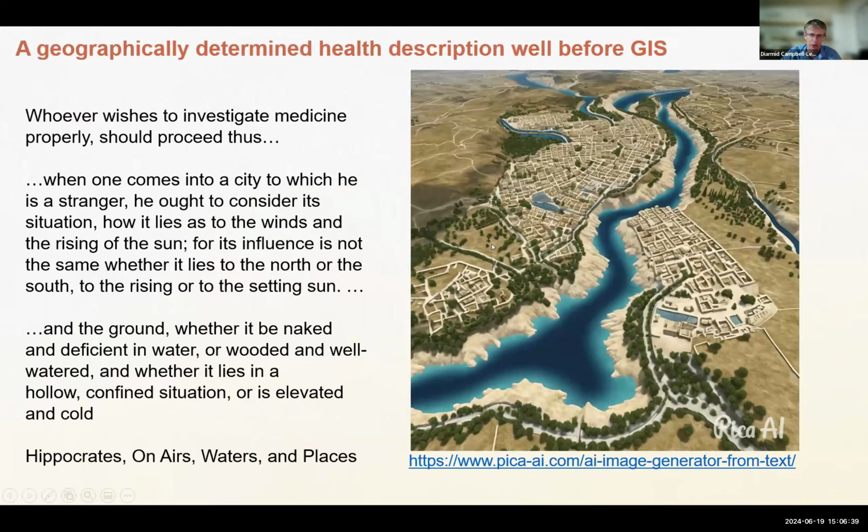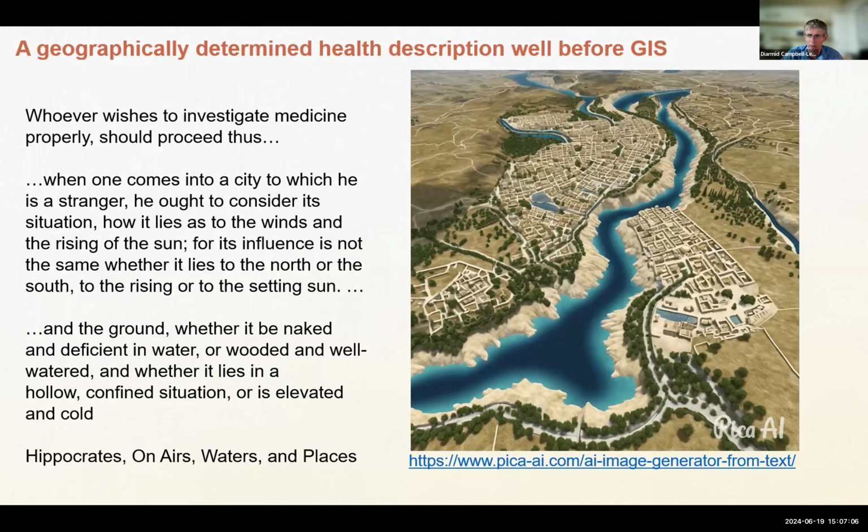So, although climate change and health is still considered to be a relatively new topic, the idea of using spatial display and spatial understanding linked with climate information to understand health problems is as old as Western medicine itself. This is a quote that we've been using for many years within our program by Hippocrates, the father of modern medicine, at least in the West.